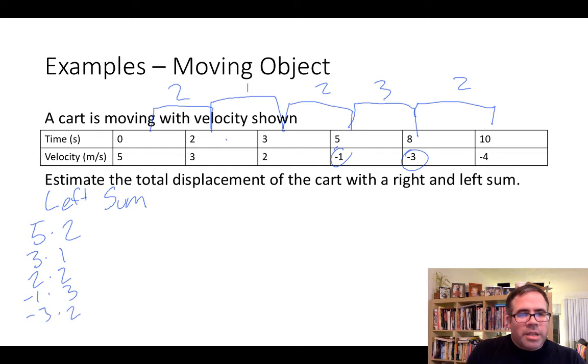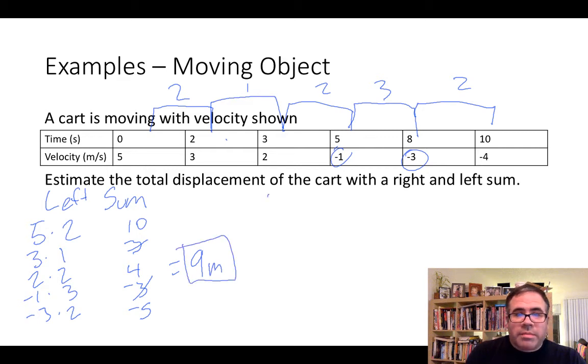You do the multiplication, so 10, 3, 4, negative 3, and negative 6, and then you add them all up. So we have 9. And so if we look at our units here, times in seconds and velocity in meters per second, our unit here should be 9 meters of displacement.